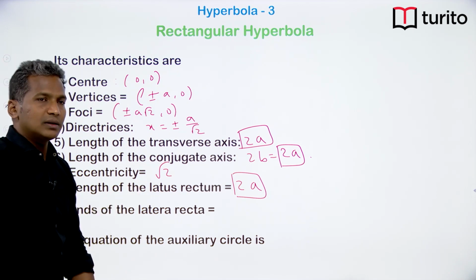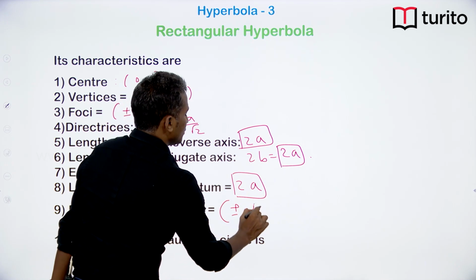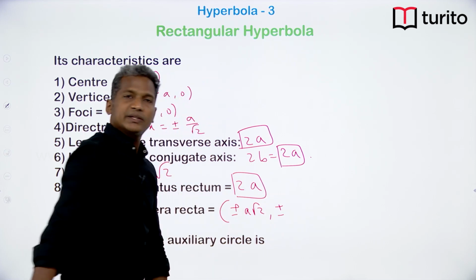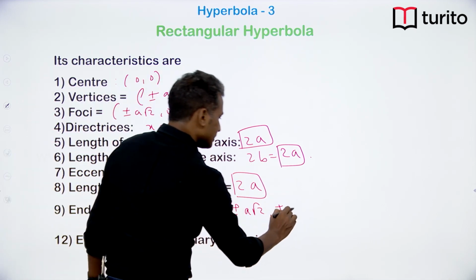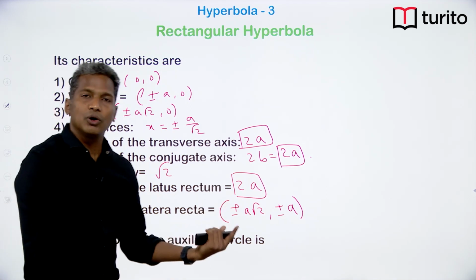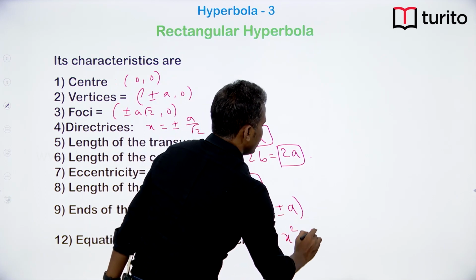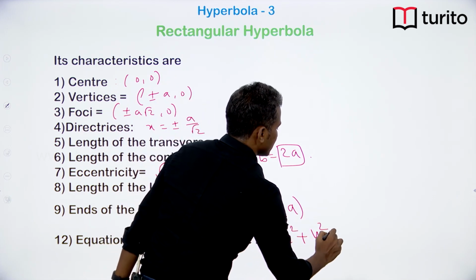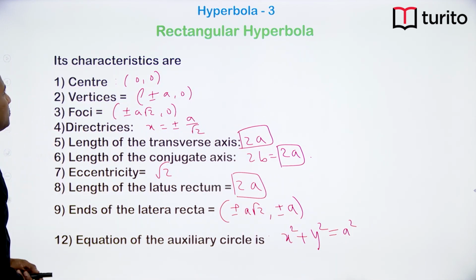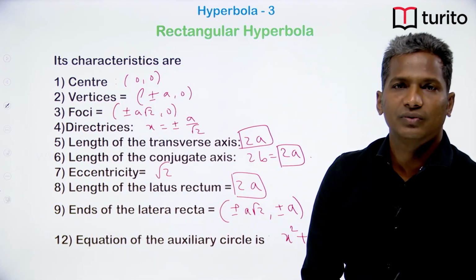Ends of latera recta, of course, you can calculate them as plus minus ae, plus minus b square by a, which is the same as a. And further, the equation of the auxiliary circle is still the same because we are still using a for the semi transverse axis. So, these are the basic points of the rectangular hyperbola x square minus y square equal to a square.